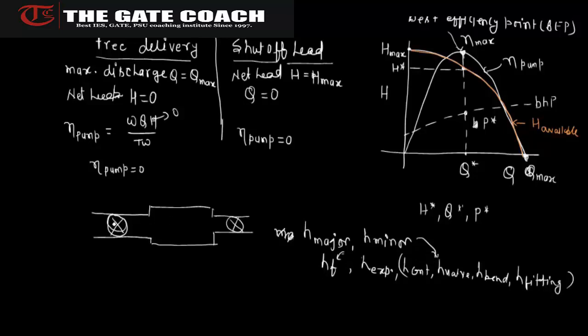So obviously in this case, when the flow rate Q increases in the piping system, all these losses also increase. For laminar flow, if I'm defining the HF, HF is 4FLV square upon 2GD, or we define this as FLQ square upon 3D power 5.